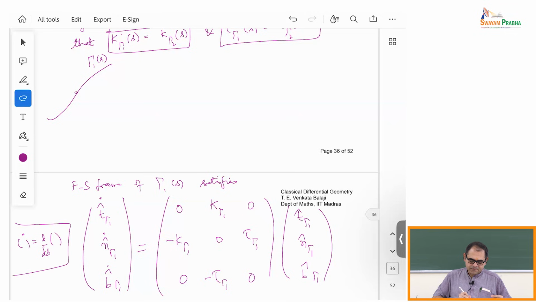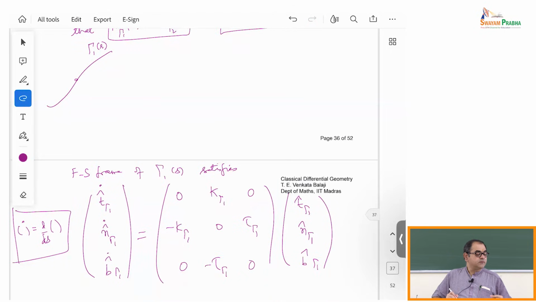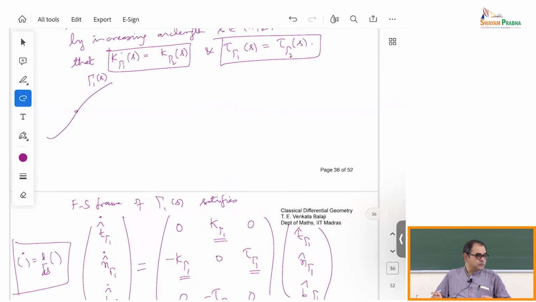So the moment you take this curve gamma 1, there is a curvature function, there is a torsion function, and then here is a Frenet-Serret relation. Similarly, if you take gamma 2, you also have a similar Frenet-Serret differential equation.